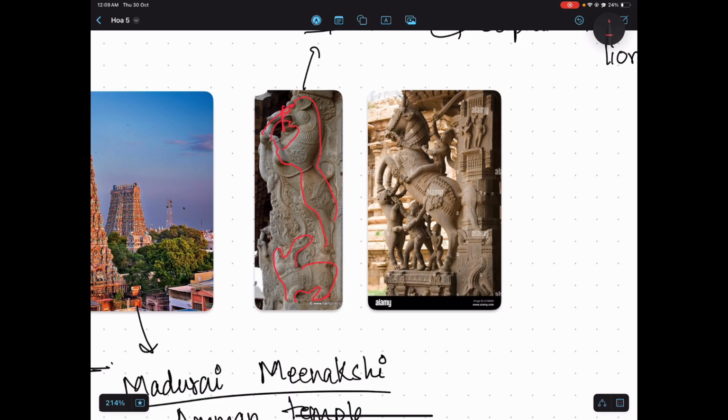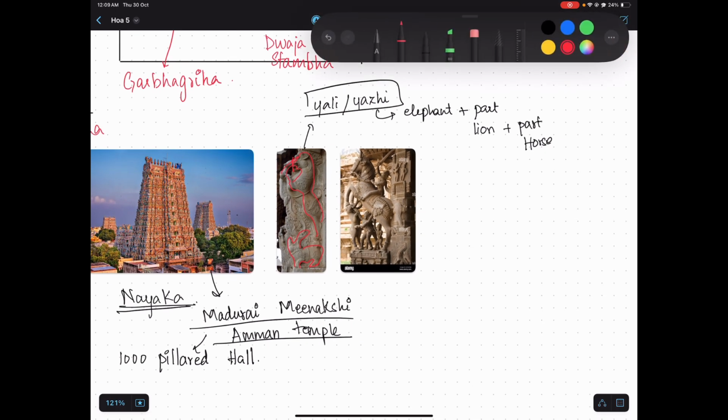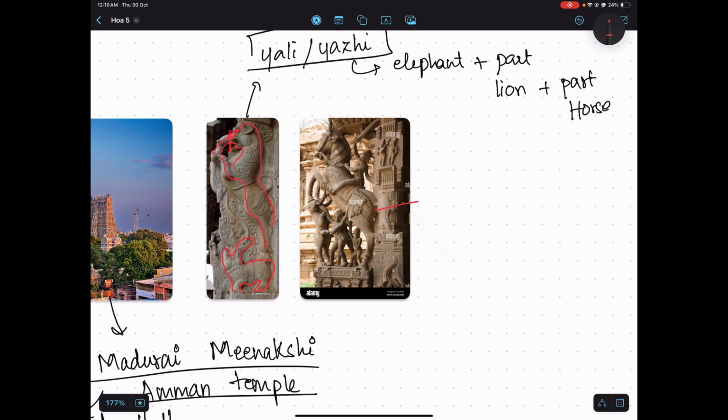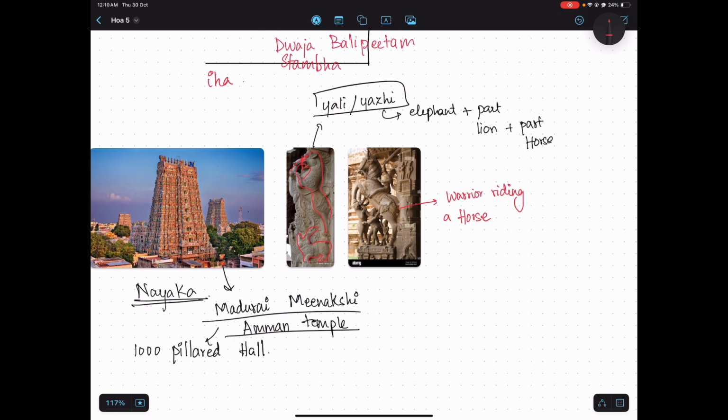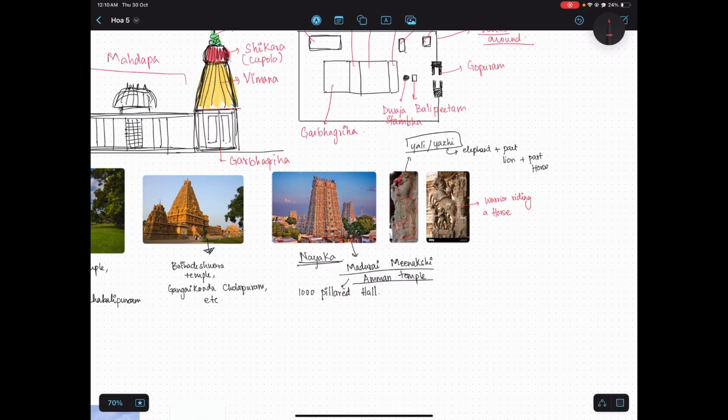And then another pillar that is famous is a warrior riding a horse. So these pillars are famous in the Nayaka style of Dravidian architecture.